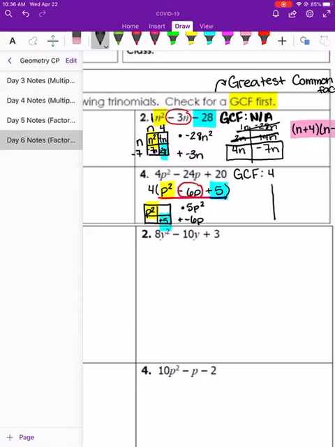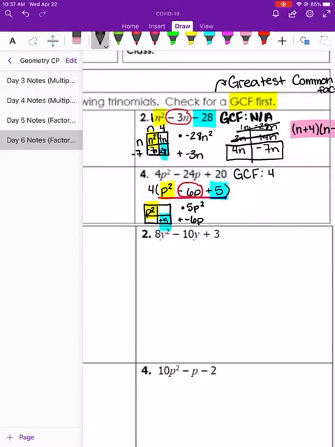So 1p and 5p multiply to 5p squared, but they don't add to negative 6p.